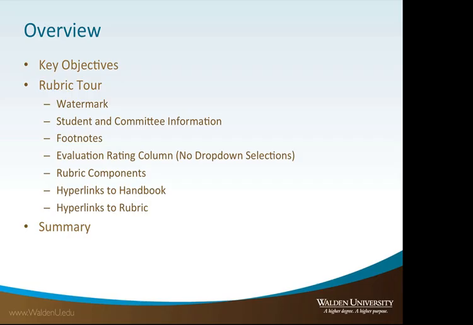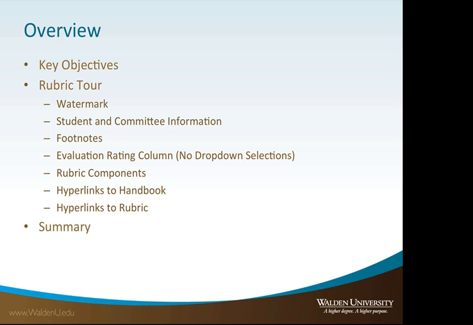In this tutorial, I will address key objectives of the Rubric Research Handbook initiative. I will then take you on a live tour of the Rubric and Research Handbook. In this tour, I will discuss the document watermark, the student and committee information area, a key feature called footnotes, the rating column, which you will see no longer contains drop-down selections, and the evaluation area.